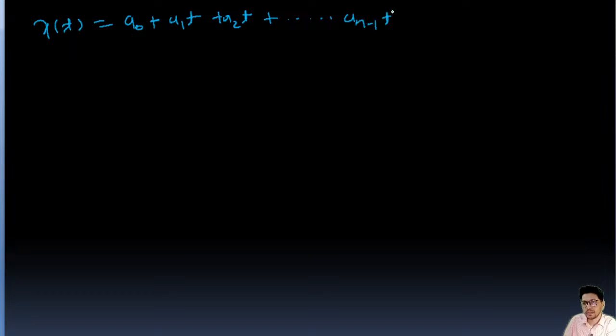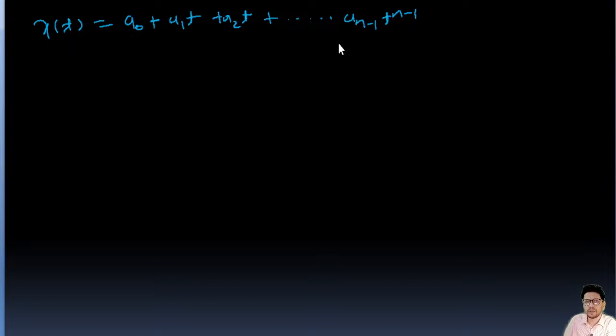So we have been given the polynomial, right? We'll write that polynomial first. This x(t) is given: a0 + a1 t + a2 t² + so on, up to a(n-1) t^(n-1).